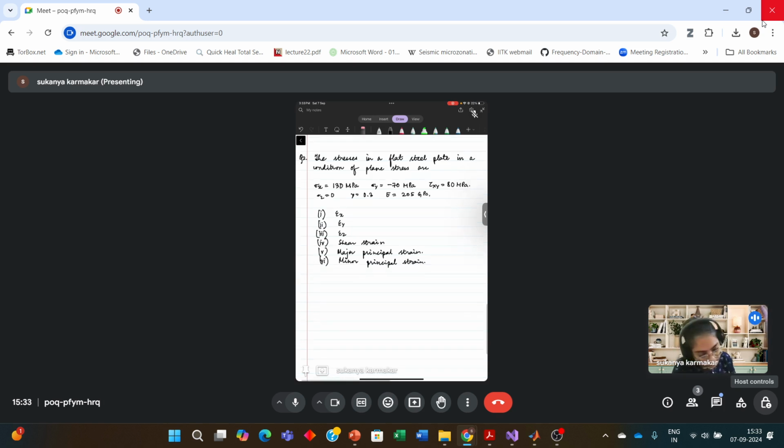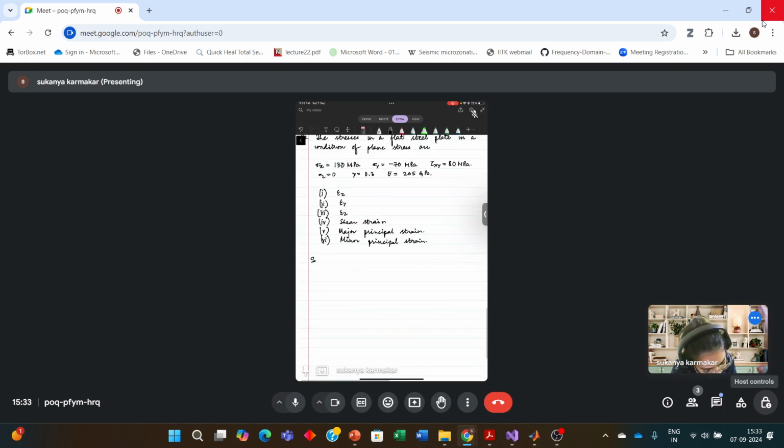The stress state which is given to you is, let's draw the x-axis in this direction and y in this direction. So this is sigma x, this is sigma y, then you have this is tau xy.